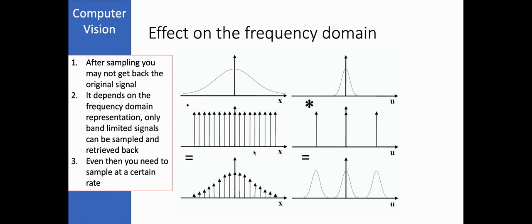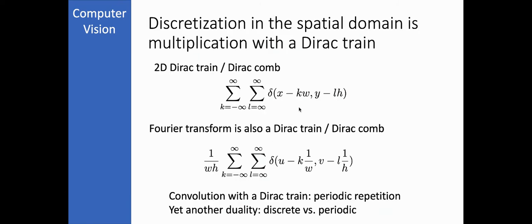But to be able to do that, I need to sample it at a certain rate. Specifically, if I look at the previous equations, the Dirac comb samples in the image space were spaced apart by multiples of W and H. That was the size of the pixels that I use, or the size of the sensors.